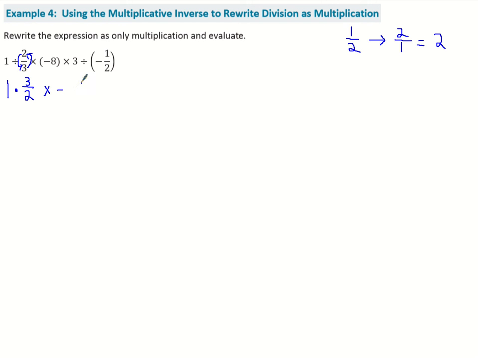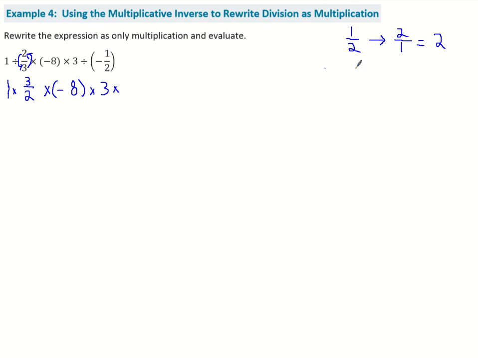3/2 times -8 times 3 times, oh, we're dividing, so we're going to change it to multiplication. I don't want to use both dots and x's here. I want to use one or the other, so I'm going to use the x multiplication.